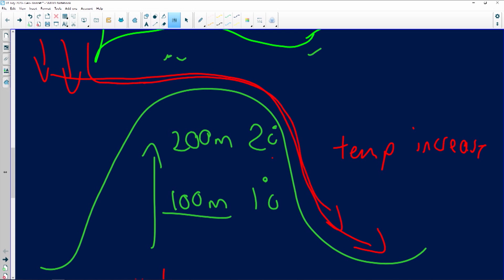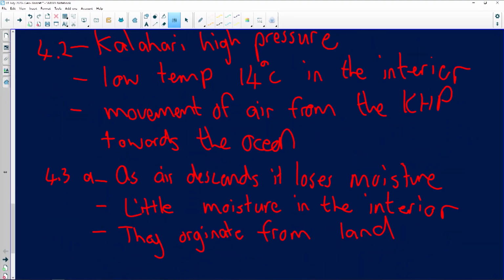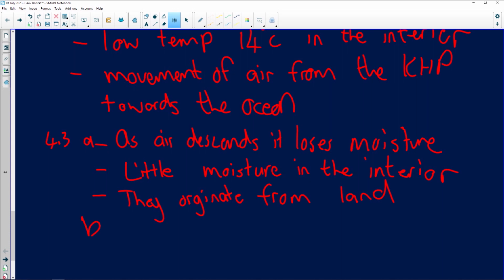What do we say? Because every single 100 meters it moves down in altitude, the temperature rises by 1 degree Celsius. And the term we use, why is it so warm? Because it warms up adiabatically. That's the correct term. So let's just write it down there. The air heats up adiabatically.